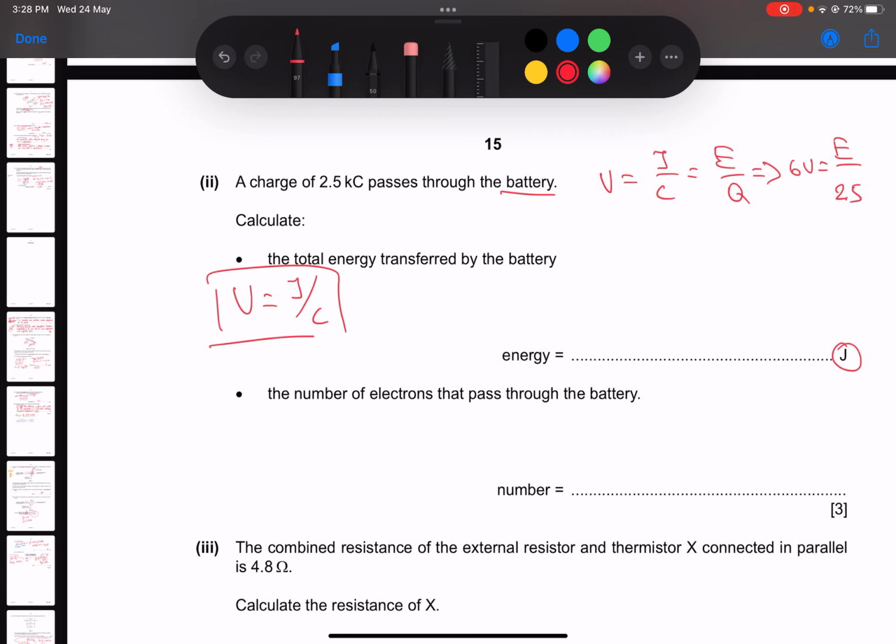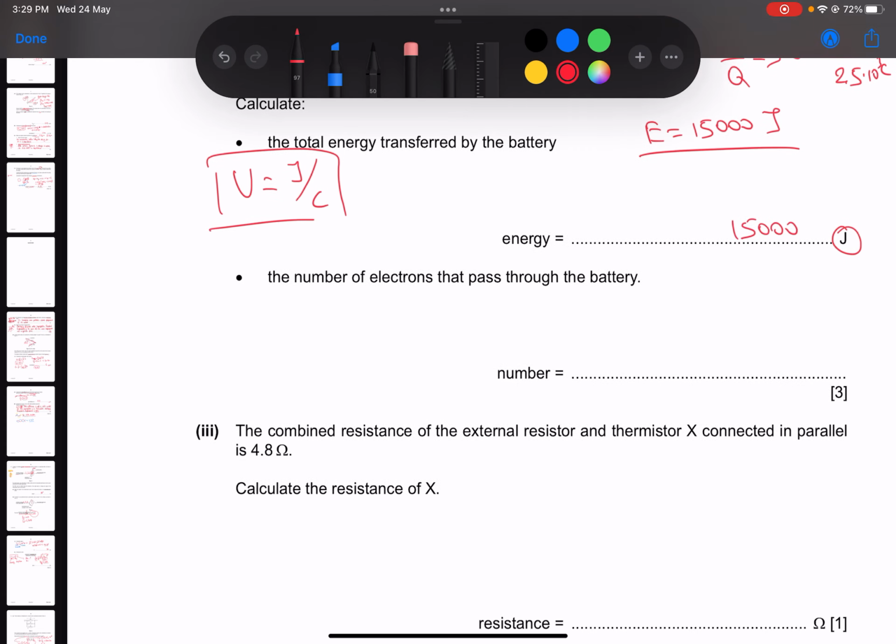It would be 10 to the power of what, guys? 3 coulomb, right? So simply calculate it: 2.5 times 10 to the power of 3 times 6. Use your calculators. You will have 15,000, right? 15,000 what? Joule of energy. So just write it here, 15,000.